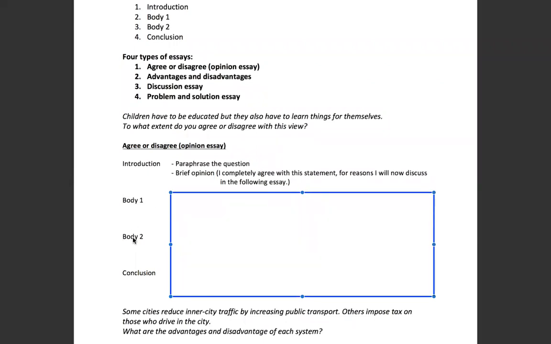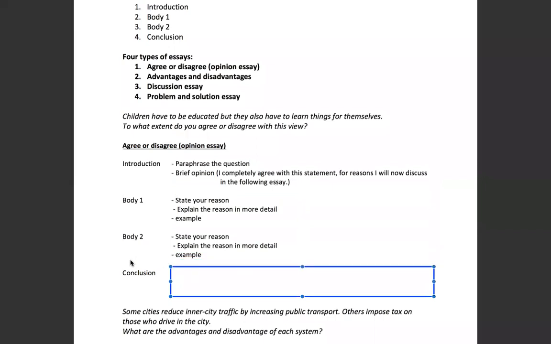So now in body 1 and body 2, you need to state your reasons for your opinion. You've given your opinion, and now you need to state your reasons. You should have at least 2 different reasons for your opinion. So you've said that you agree. All right, so now you can talk about the first reason that you agree and the second reason that you agree.